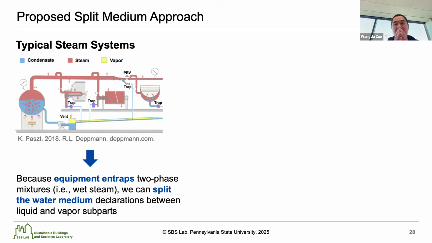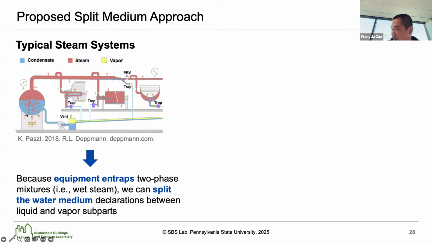But if what we care about is the entire district network, then we don't need to know the details of phase change inside the boiler, right? If we don't need to know that detail, then we can treat them separately. Then we can use one medium to study steam, another medium to study the liquid phase, and then use approximation to approximate the phase changing process.